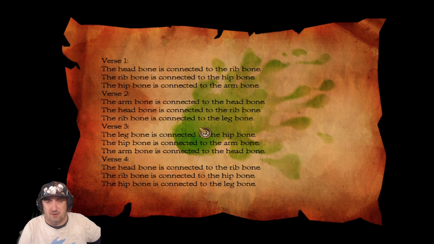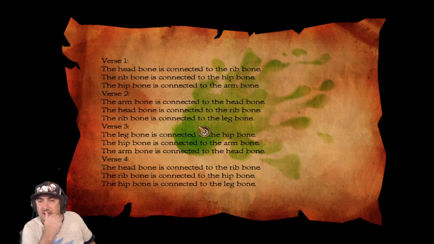Head bone connected. Head, rib, rib, hip. Rib, hip. Hip, arm. Yeah, head, rib, rib, hip, hip, arm.